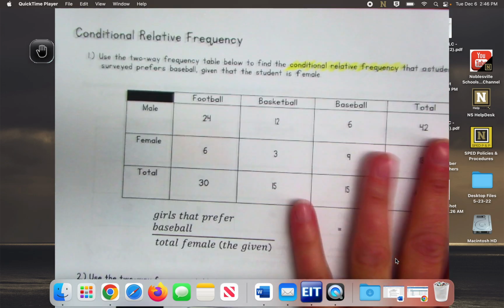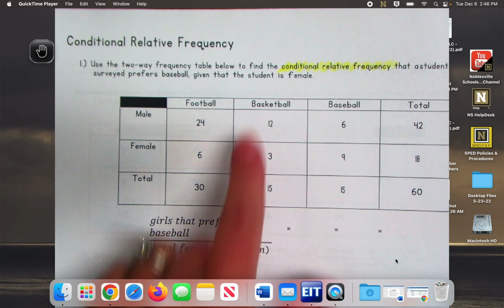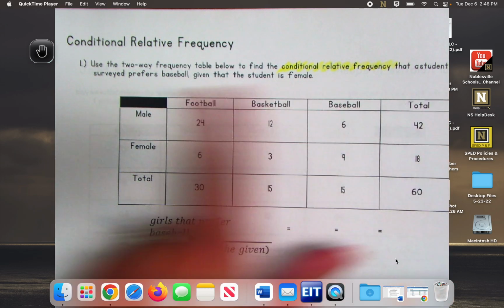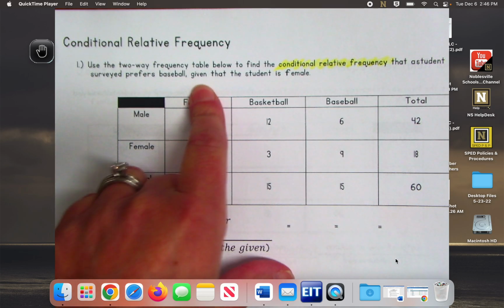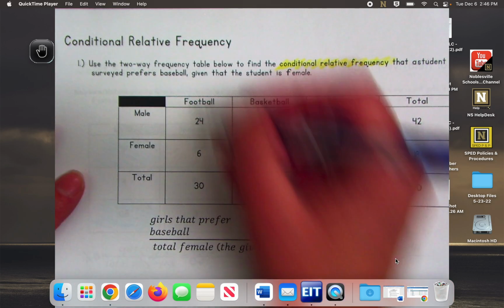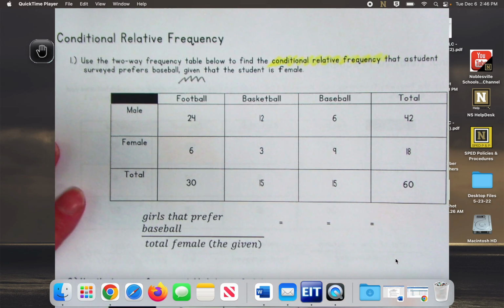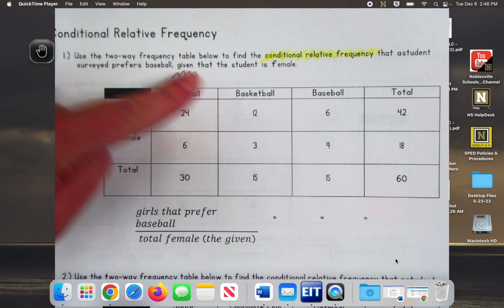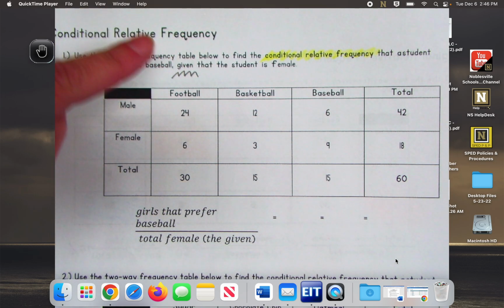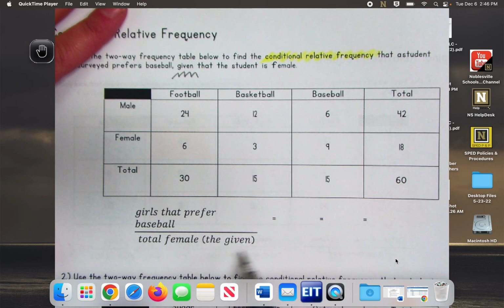So I want you guys to read this frequency. It says, find the conditional relative frequency that a student surveyed prefers baseball, given that the student is female. I want you all to underline, draw attention to the word given. Given that the student is female. That word given is really important. That tells us what our denominator value is going to be.